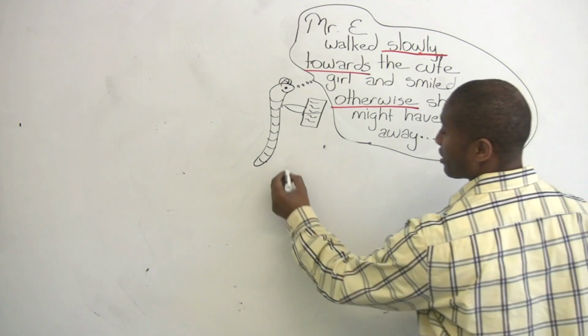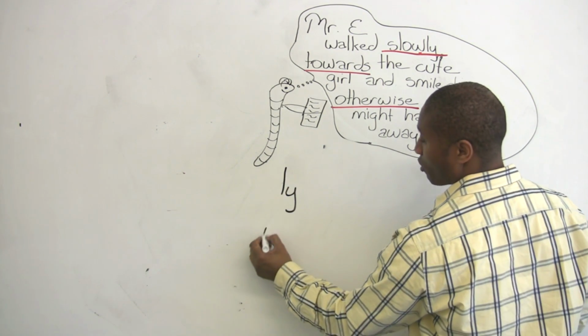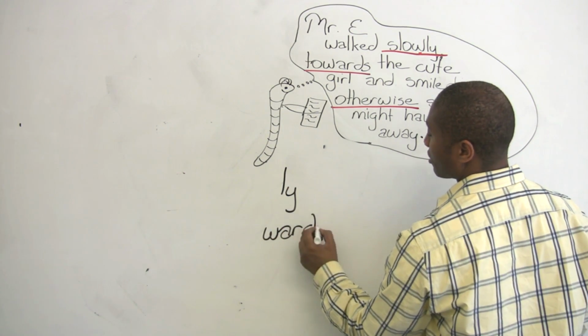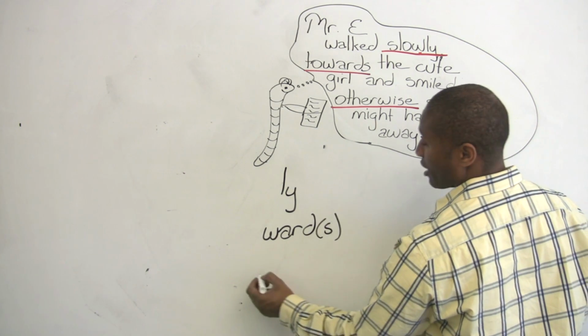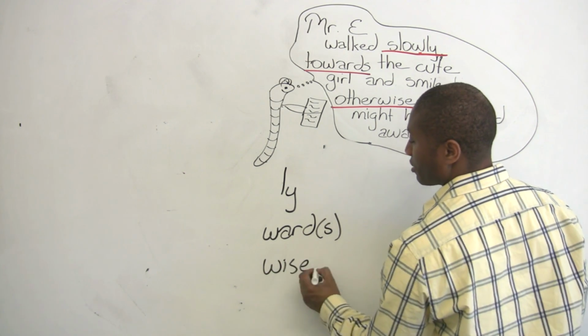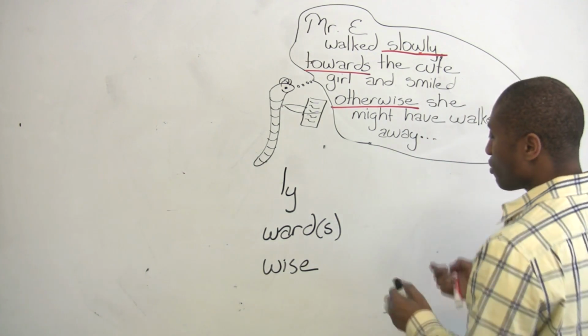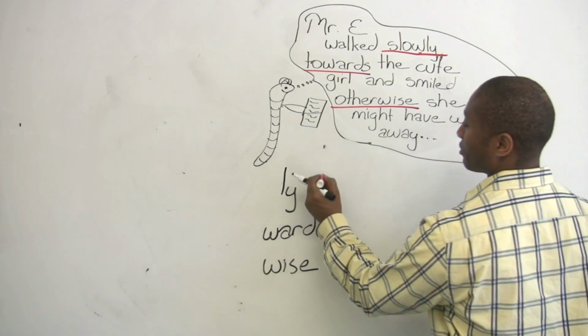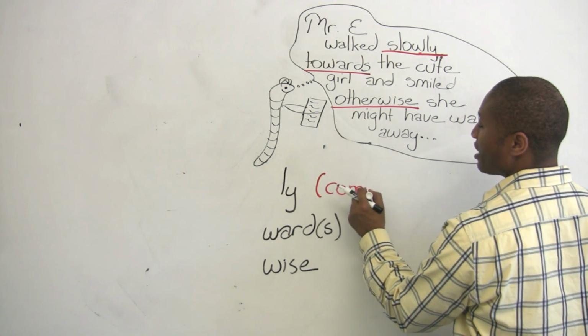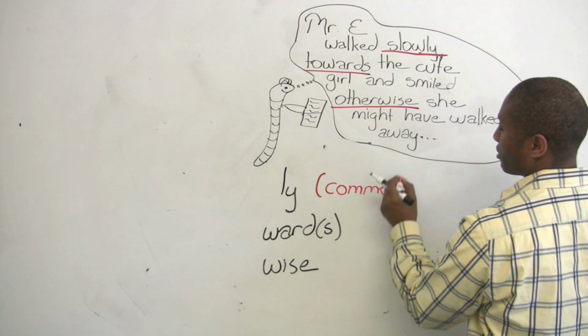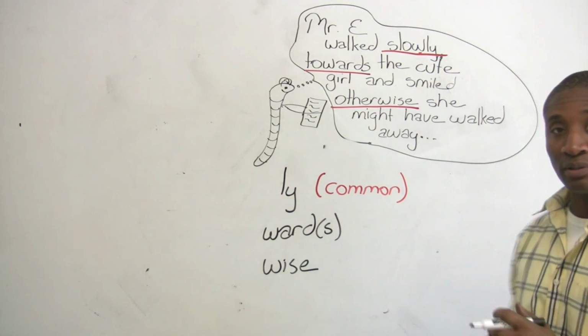Now Mr. E has ly, as I mentioned, ward or wards, and wise. Commonly, this is common. Many, many adverbs end in ly. It's very common.